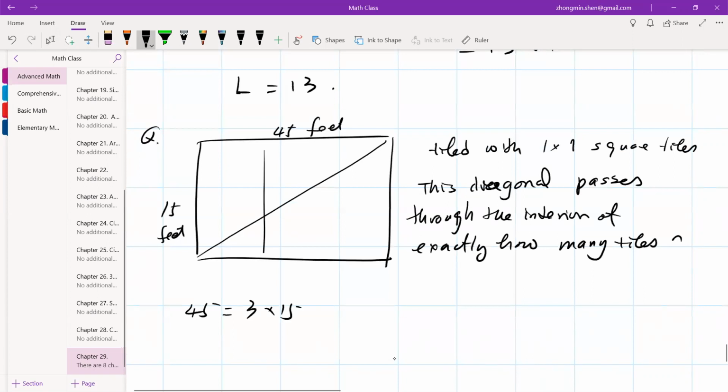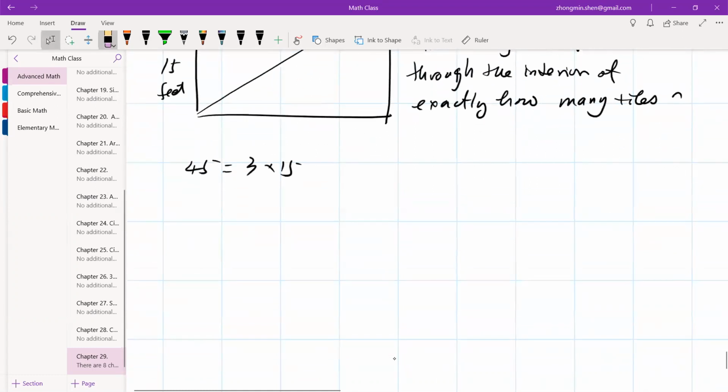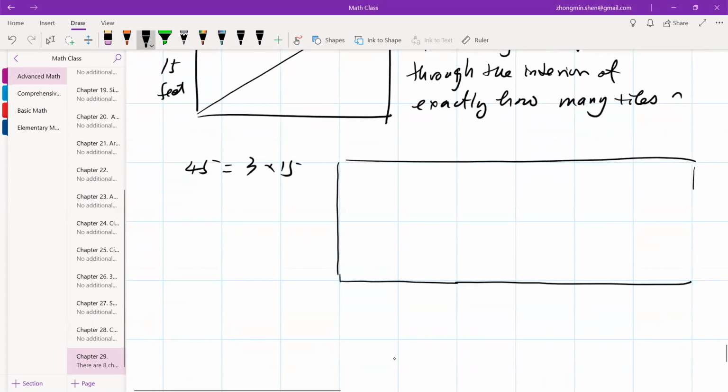It's not a perfect graph, so let me redraw it. This is a 15 times 3 rectangle.